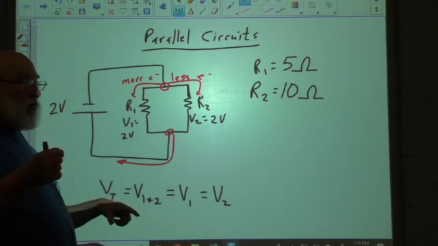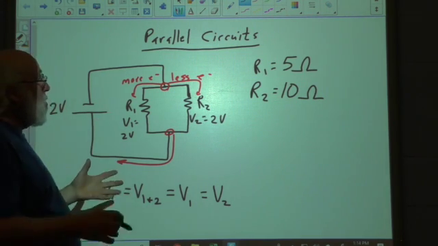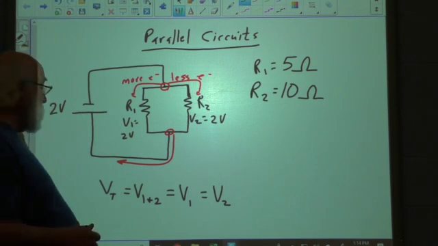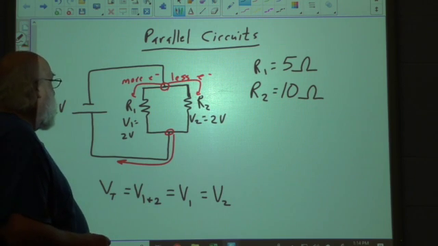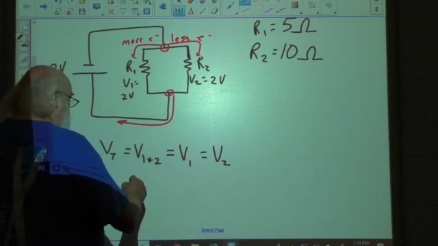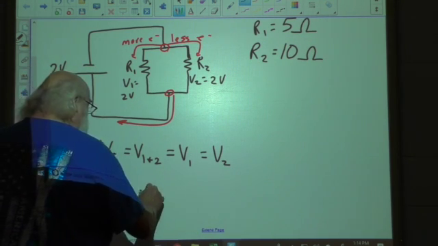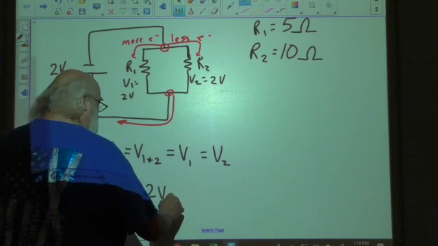Like I said, if you want to see how it compares to series, go back and look at that. We're also going to look at it in the combined circuit system. Since V total is 2 volts, the V1 and 2 system combined is 2 volts.